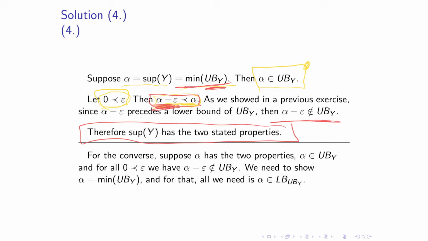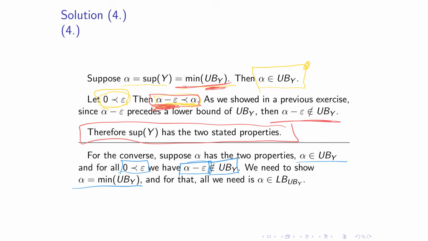So suppose that alpha is some number in the field which has the two properties, which is to say, it is an upper bound on the set Y, and also for any positive real number epsilon, alpha minus epsilon is not an upper bound of the set Y. We need to now show that alpha is the supremum of Y, which is to say it is a minimum of the set UBY.